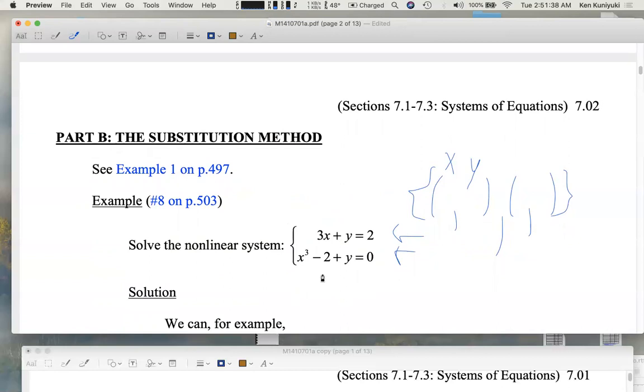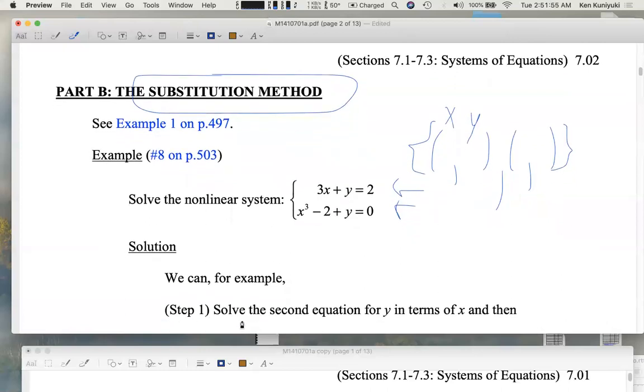Let's solve this system. And we can use the substitution method. We can solve for one of these variables in terms of the other, and we can do this in either of these two equations. We can, for example, in this step 1, solve the second equation for y in terms of x.